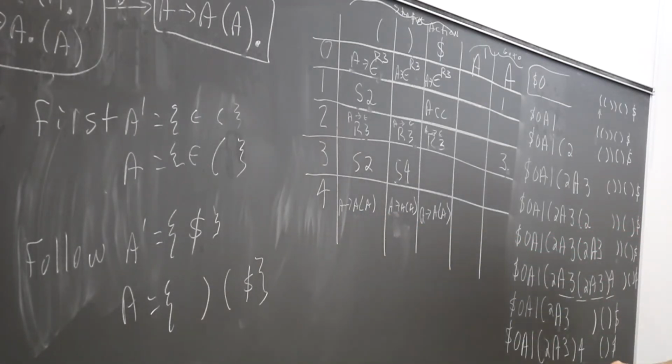So reduce paren A. So I get $0, push the A on.